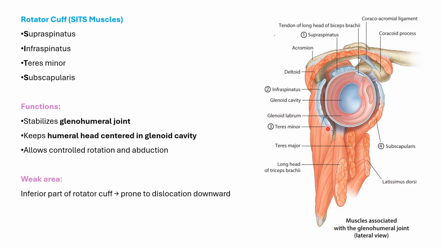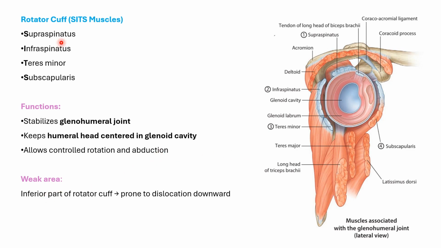This is the teres minor and this is subscapularis. These muscles are located around the shoulder joint. Their functions are to stabilize the glenohumeral joint or shoulder joint, keep the humeral head centered in the glenoid cavity, and allow controlled rotation and abduction.